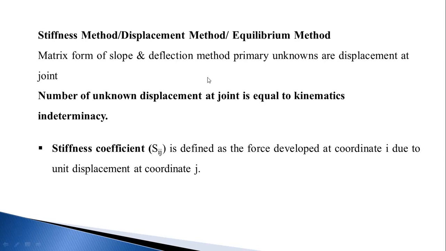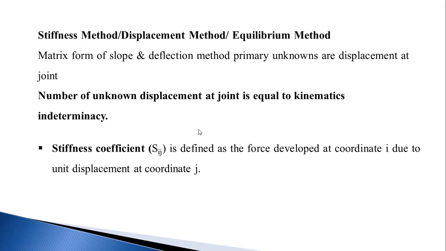Let us see. The stiffness matrix method is the matrix form of the slope and deflection method. Primary unknowns are the displacements at the joints. The number of unknown displacements at the joints is equal to the kinematic indeterminacy. In the last lecture, in flexibility, we considered static indeterminacy.